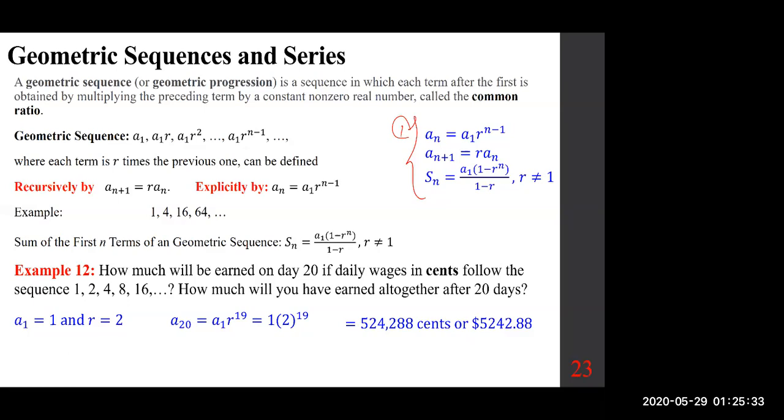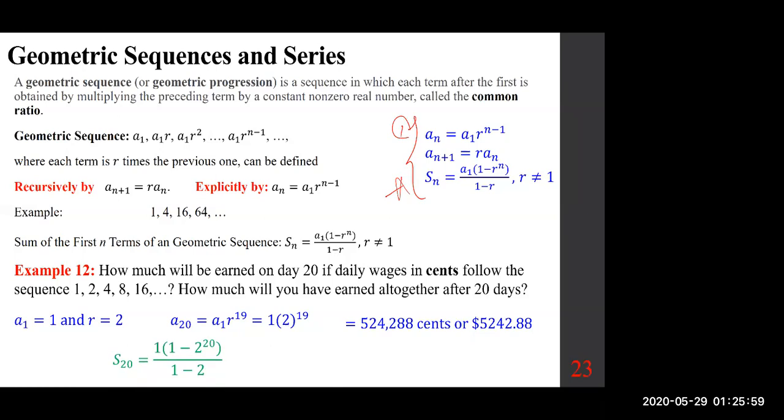Now, what about the total amount we are going to have from day 1 to day 20? Then we use this last formula, S sub n is A sub 1, which is 1, times 1 minus r to the power of n, or 2 to the power of 20, divided by 1 minus r, or 1 minus 2.